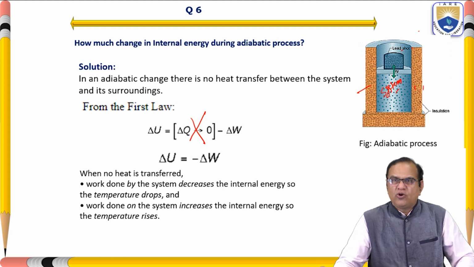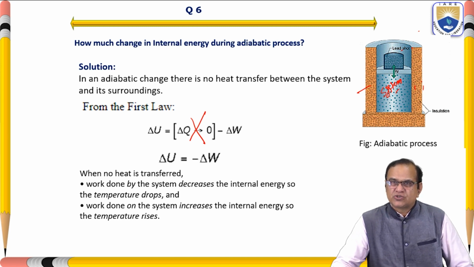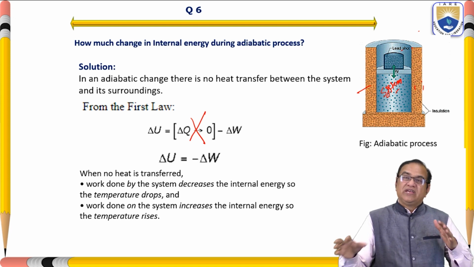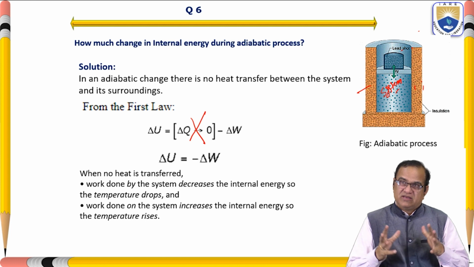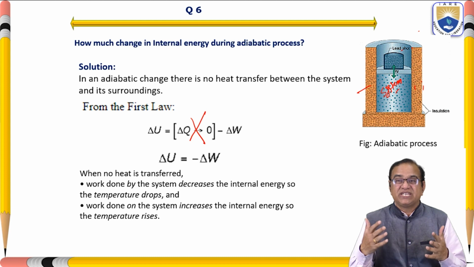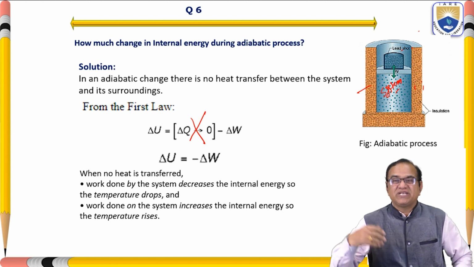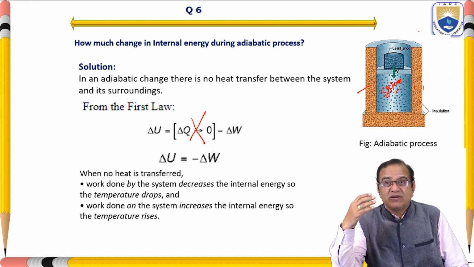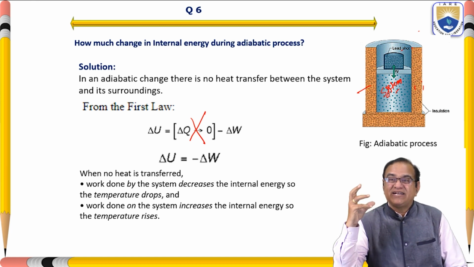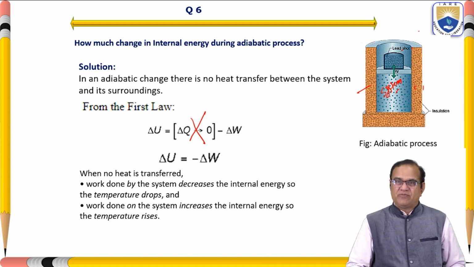So when no heat is transferred, work done by the system decreases the internal energy, so the temperature drops. So in this type of adiabatic process, the work done by the system is negative, and the internal energy also decreases and the temperature drops.